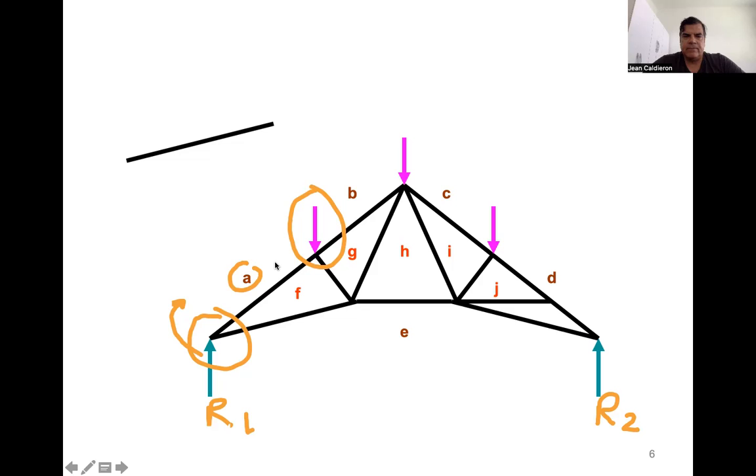This space is shared by two forces, one in red, another one in brown.